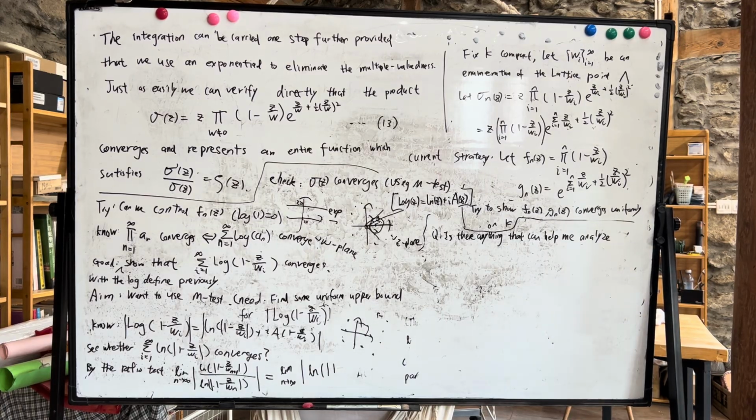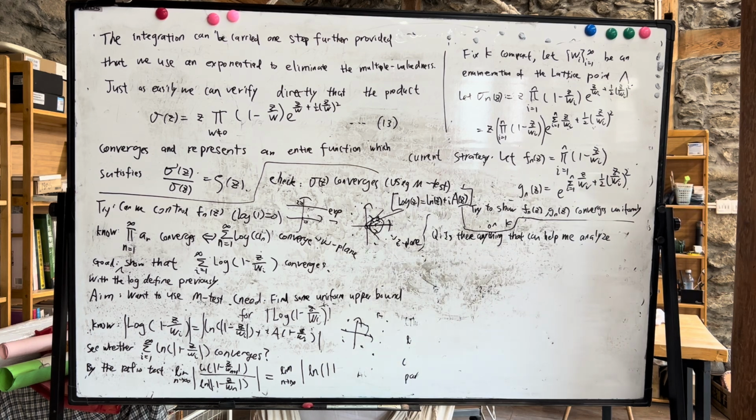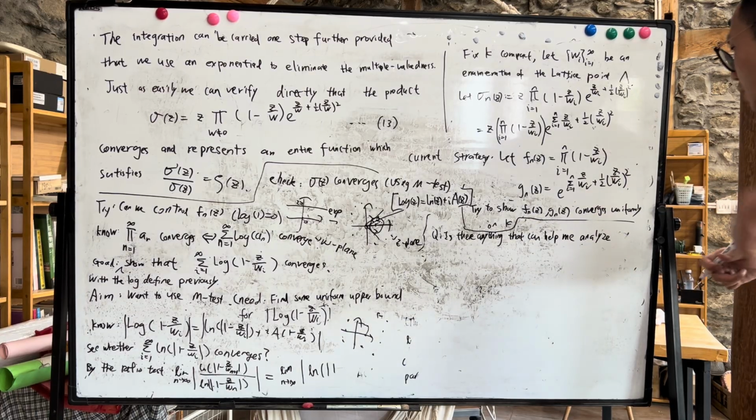I think if I show the exponents converge pointwise, then because the exponential function is always continuous, this one has to converge to the limit function.